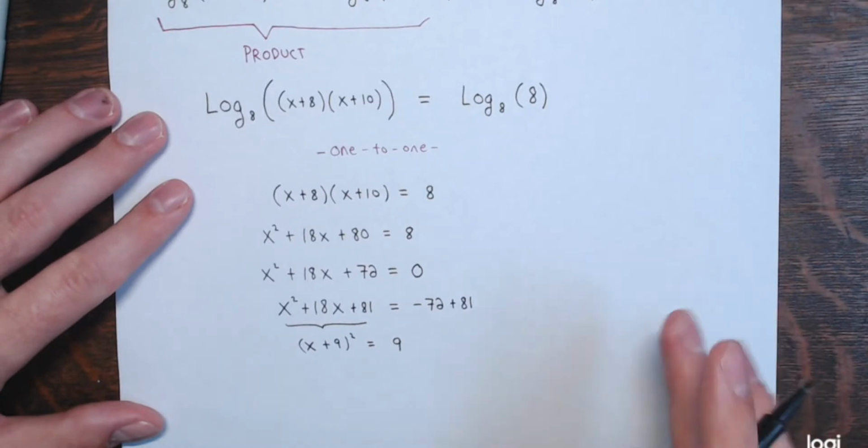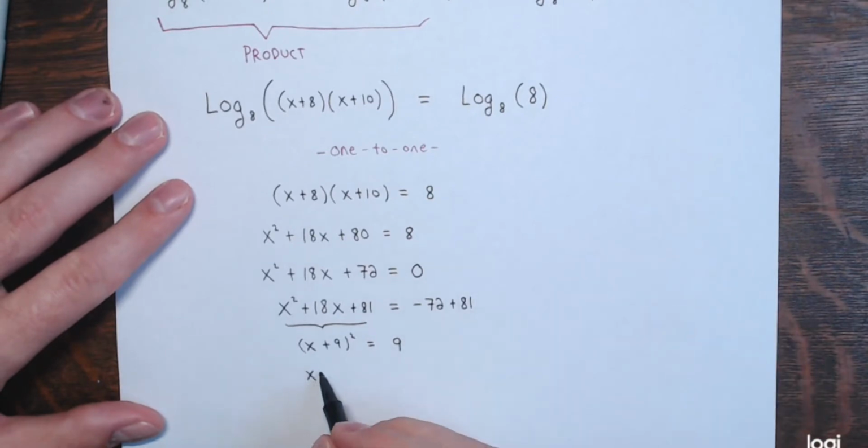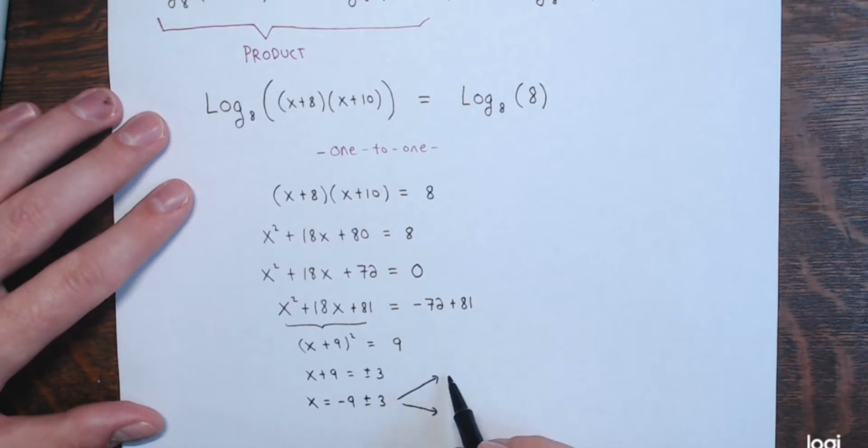We have x plus 9 must be equal to positive or negative 3, right? The square root of 9. So x equals negative 9 plus or minus 3. So my two possible solutions here are x equals negative 9 plus 3, which is negative 6, or x equals negative 9 minus 3, which would be negative 12.